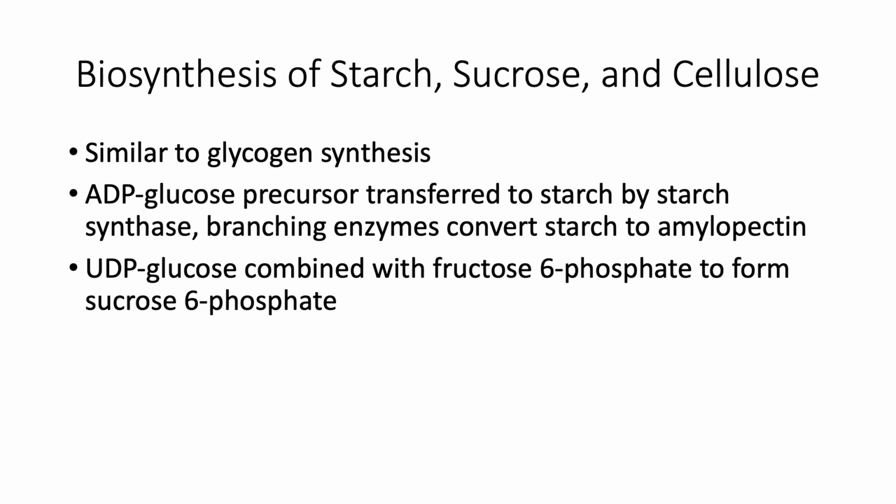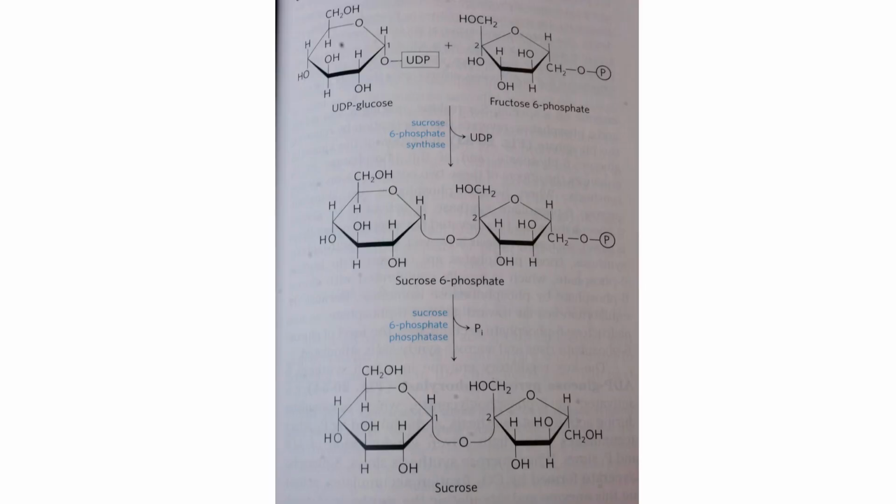UDP glucose is combined with fructose 6-phosphate to form sucrose 6-phosphate. This is an example of UDP glucose reacting with fructose 6-phosphate.